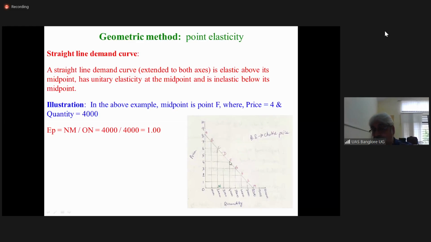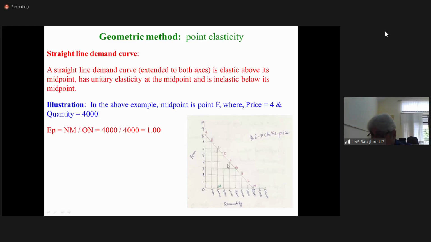Any point above the midpoint is elastic, and at the midpoint it is unitary elastic. That means elasticity will be equal to 1 at the midpoint. The coefficient of elasticity would be greater than 1 above the midpoint, so it is elastic.